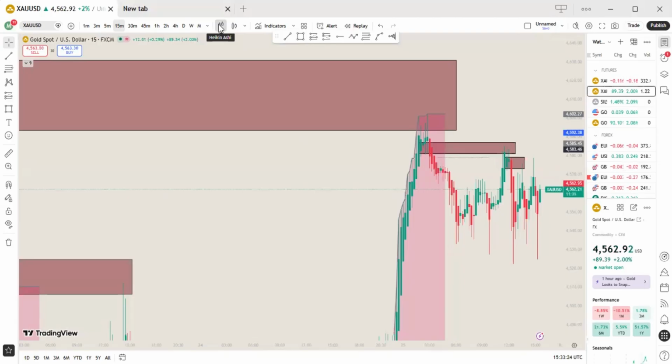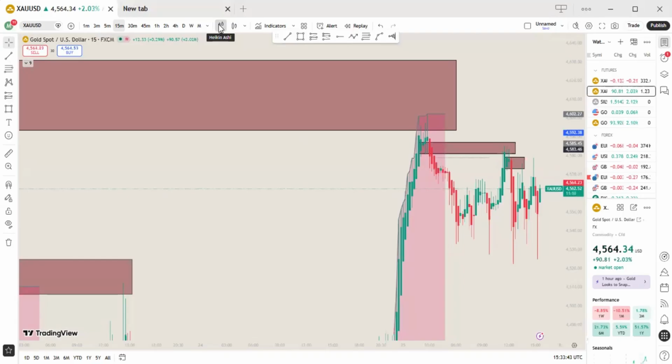Most traders don't use the Heikin-Ashi candle, but I use it because it helps me identify those liquidity zones very well, and it also helps me identify market structure very well.